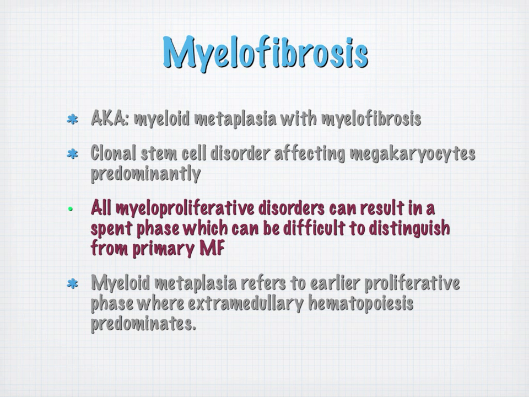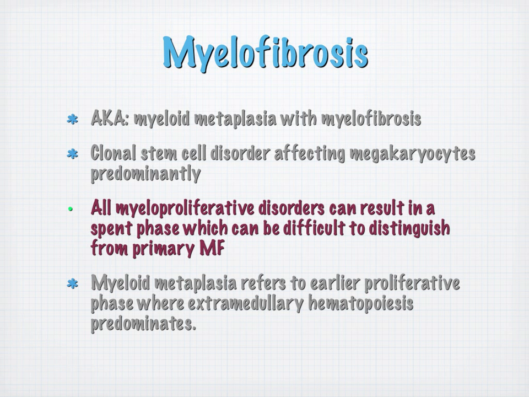Myeloid metaplasia refers to the early proliferative phase where extramedullary hematopoiesis predominates. So what does that mean? In some cases, myelofibrosis and myeloid metaplasia with myelofibrosis are synonymous, so we've got that. Now what about just myeloid metaplasia?